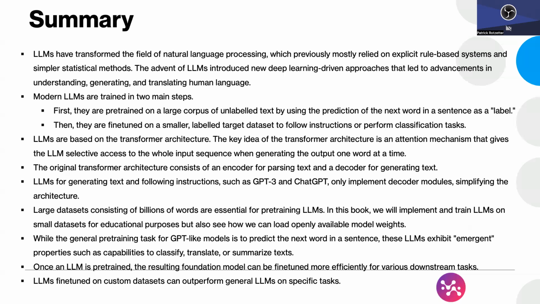We just feed text into the model, and the model will learn to predict the next word. Then, depending on what we do, we can fine-tune models on smaller data sets. We can have, for example, just a few hundred examples that we can use to fine-tune a model. That's possible.